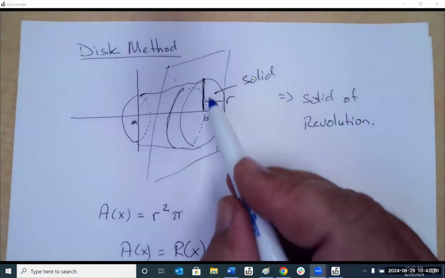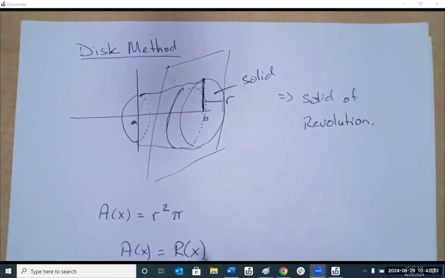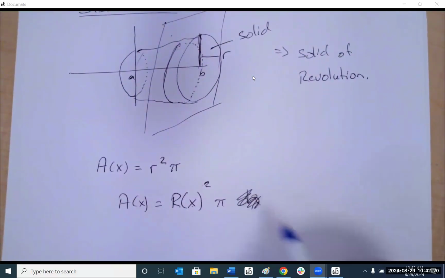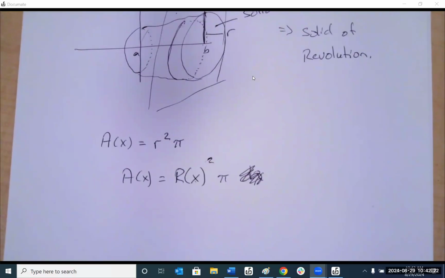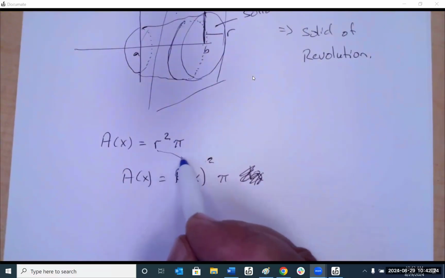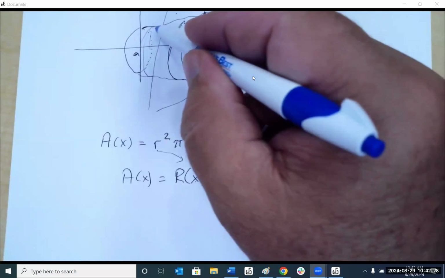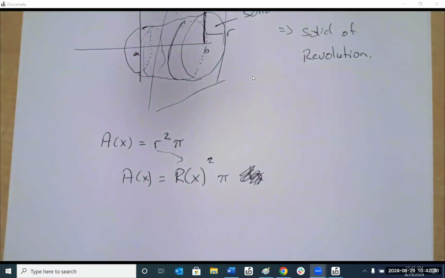Now, since this function is a function of x, we're going to write the radius, since it changes wherever we are in this object, as a function of x.